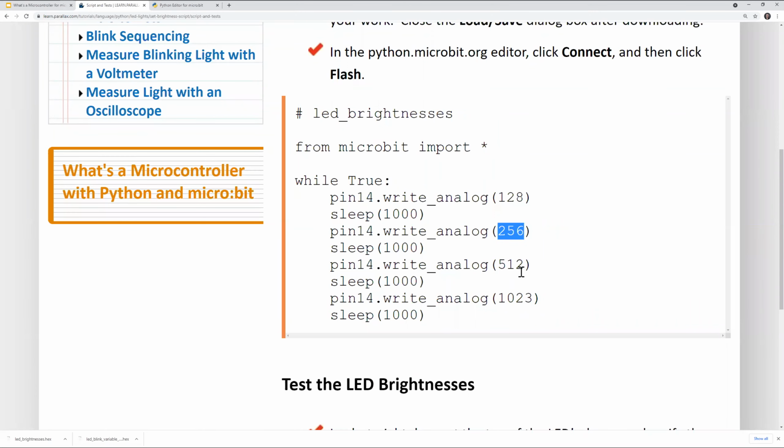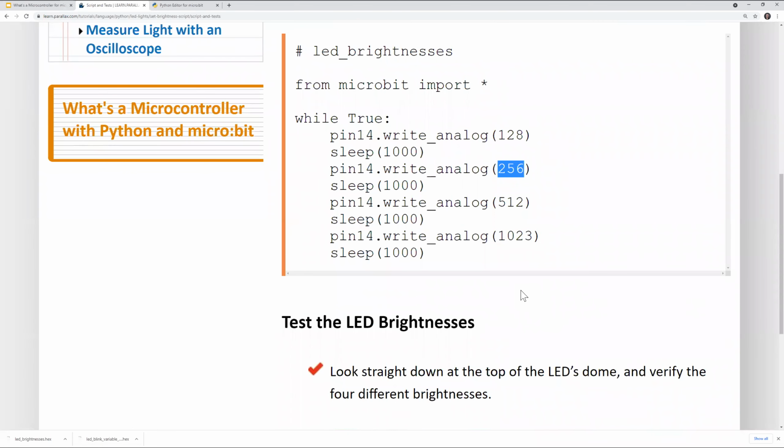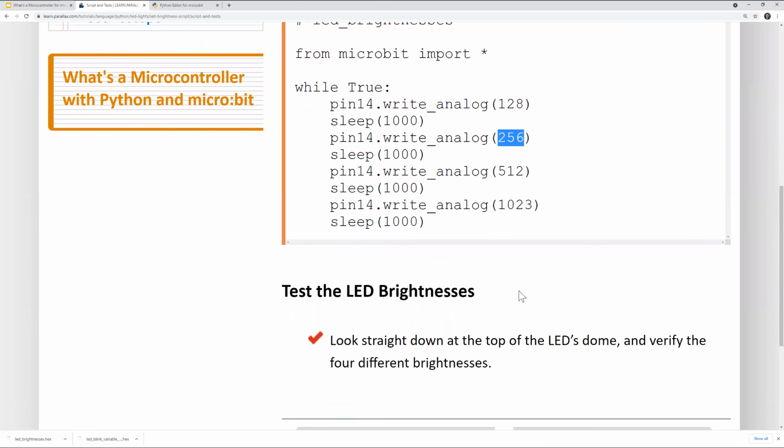Some classes will want to look more closely at that, but at this point in the introduction we don't have a way of taking a measurement precise enough to verify whether we're 1 bit off or not. So at this point in an introduction, I would definitely just explain it as 256 1024ths.